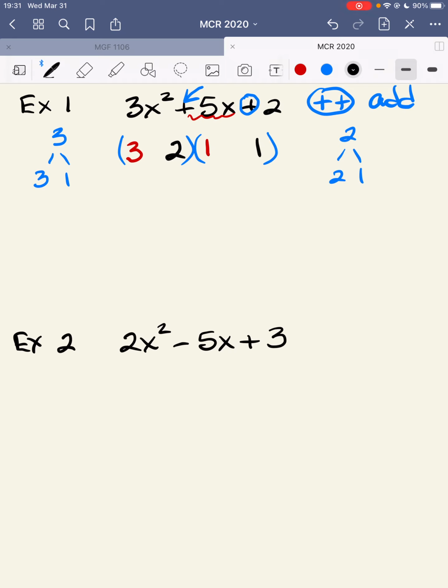All right? I'm going to do a quick necklace check so that I can make sure my middle term checks out. So I got 2 times 1, which is 2. I got 3 times 1, which is 3. And when I add those two things together, I do indeed get my 5. We are almost there.